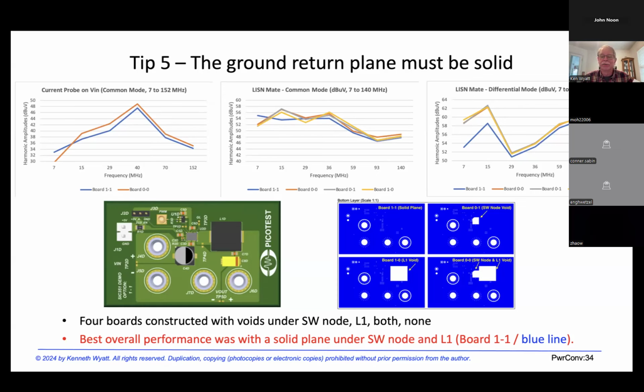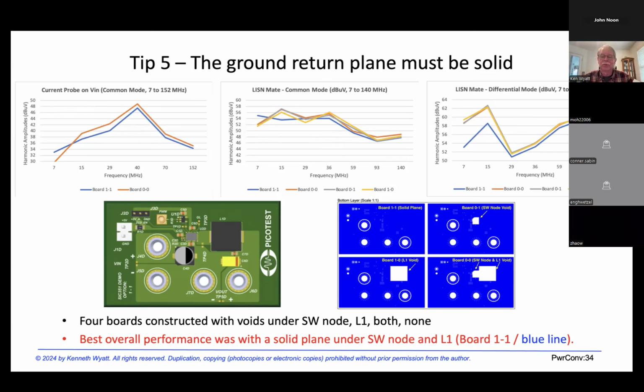He had 4 different boards built. In the blue on the lower right, the upper left board has a solid plane, and then we have voids under different combinations of the switch node and the inductor.